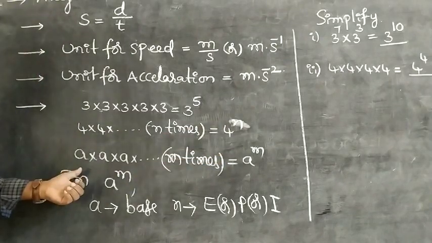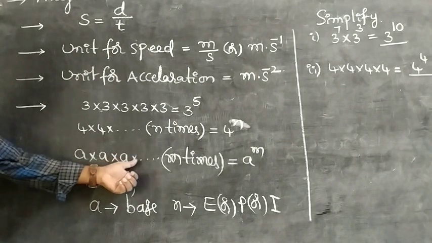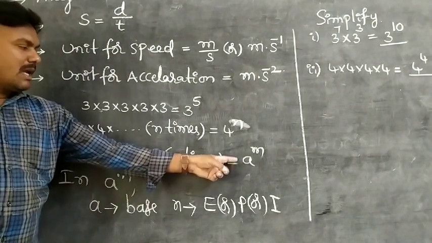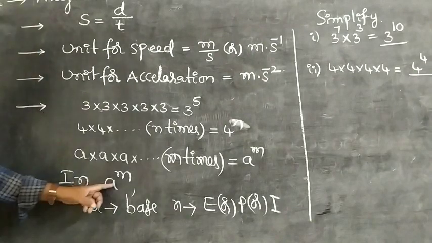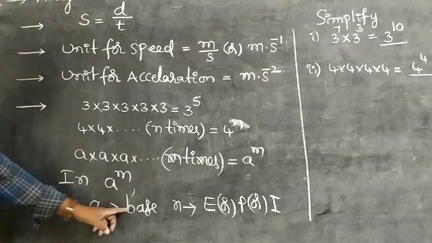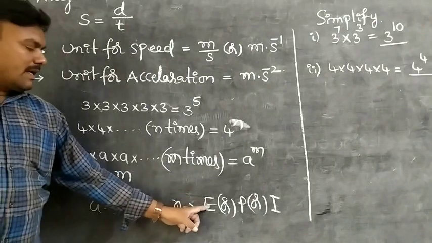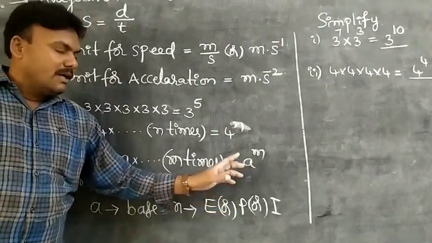In the same way, a into a up to m times becomes a power m, or a raised to the power m. In a power m, a is called the base and m is called the exponent, power or index.